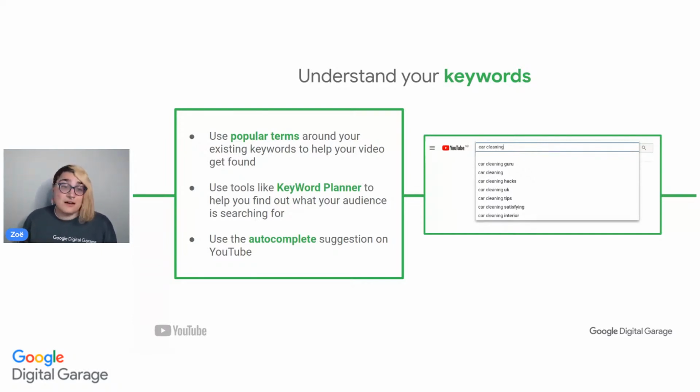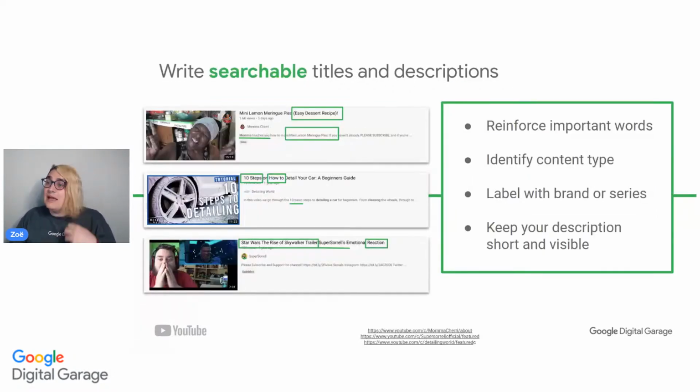All of those are good things to look at and to see, right, well, this is why people are searching for car cleaning. So is it possible that I can provide something like what they're looking for? Make sure you're writing searchable titles and descriptions. So again, look at what we've got at the top here. We've got mini lemon meringue pies, brackets, easy dessert recipe.